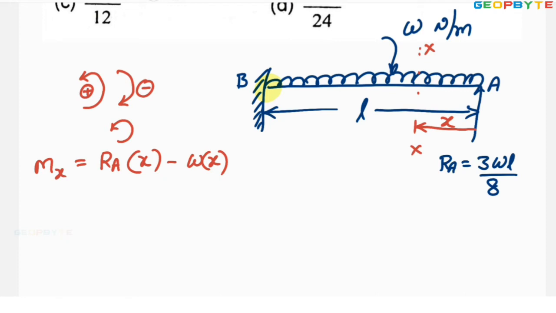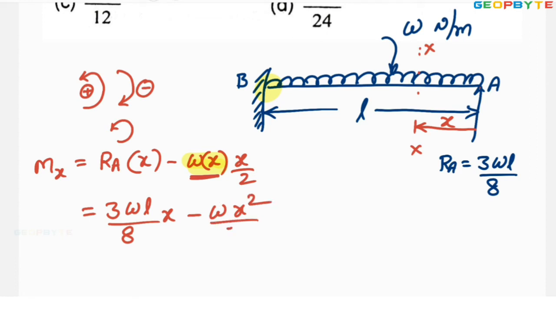Once we get the point load from the UDL, assume that the resultant point load is acting in between A and XX, that is x by 2. Point load multiplied by perpendicular distance. Here perpendicular distance is the distance from the middle of AXX to the XX, that is x by 2. It is equal to RA, that is 3WL by 8 into x minus W into x square by 2.